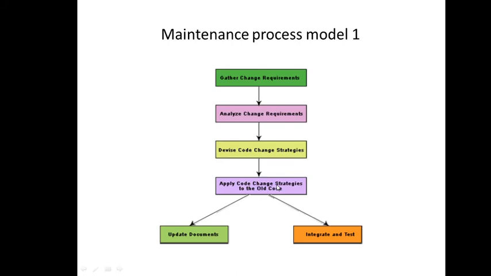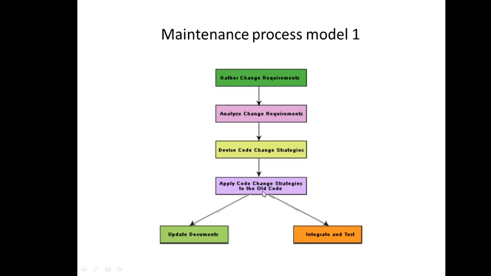Once you apply the changes, there are two sets of activities that need to be carried out. The first one is to update the relevant documents. You know that in software we have a document for each and every phase. So whenever you make a change, you have to modify those documents also. They must be in sync with the modified code.